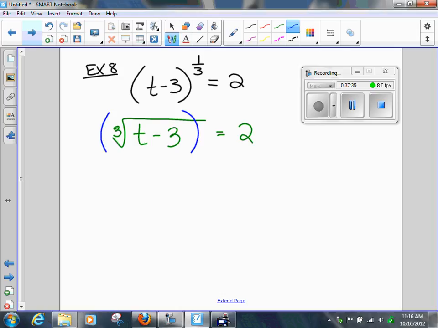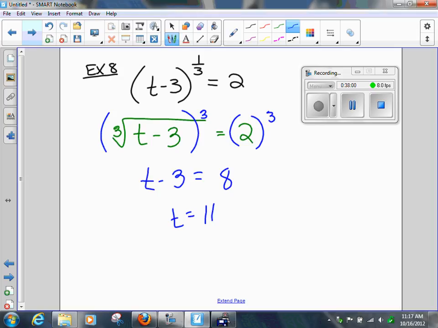So what are we going to do to both sides? That's right. Cube both sides, because we're undoing that 1/3 power, or that cube root. And we get t minus 3 equals 8, yes? Add 3 to both sides, we get t is equal to 11. Yeah?